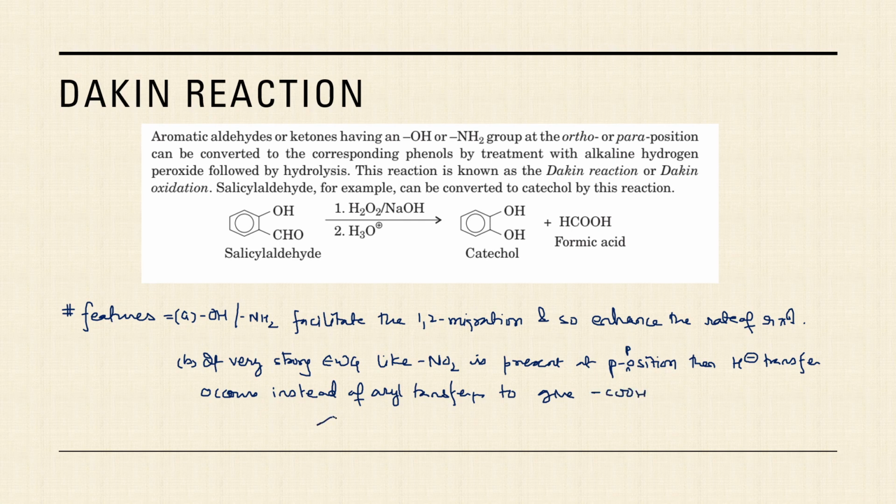इसका बहुत कॉमन सा एक एग्जाम्पल है कि आपने अगर NO2 यहाँ पे लगा दिया and let's say there is OH and then there is CHO and you have used the same conditions H2O2 NaOH and second H3O plus, then you will be finding that the CHO will turn into COOH.